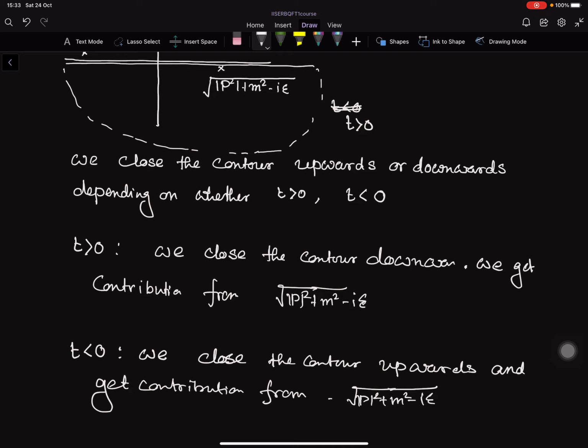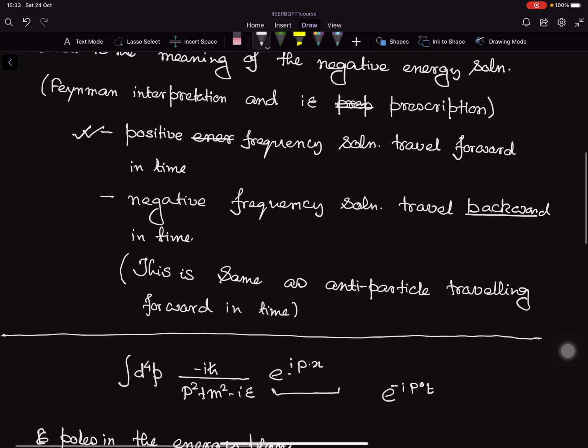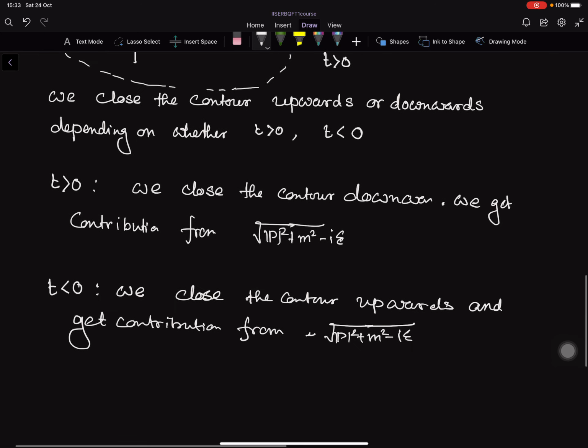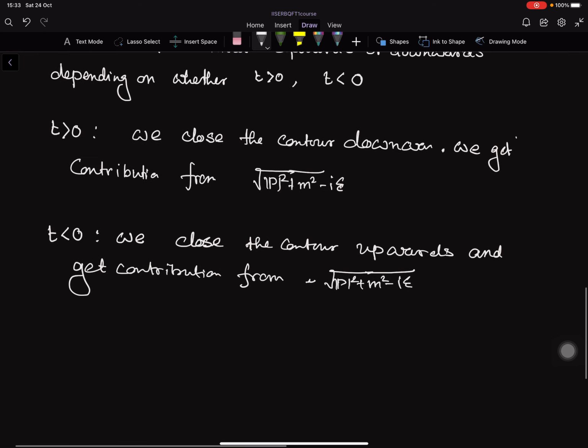Okay, and again you see that this also justifies this point, that the negative frequency solutions travel backward in time, because the backward part of the propagator only gets contribution from the negative frequency. And both of these are happening because of the clever choice of the epsilon prescription.